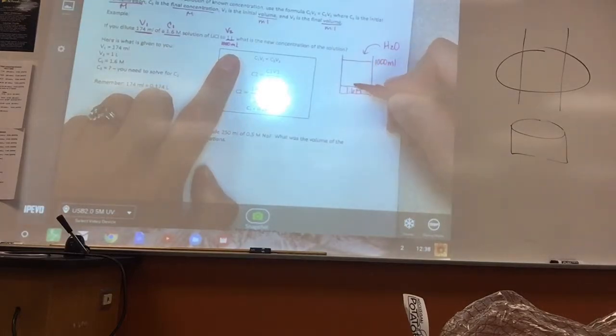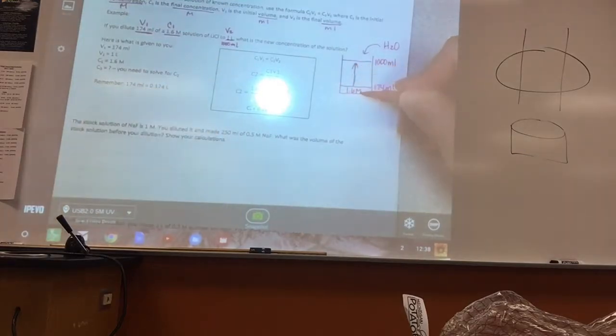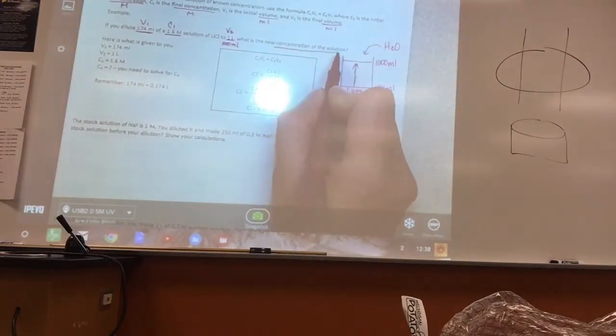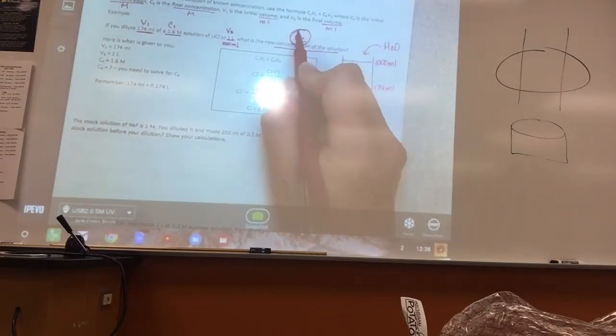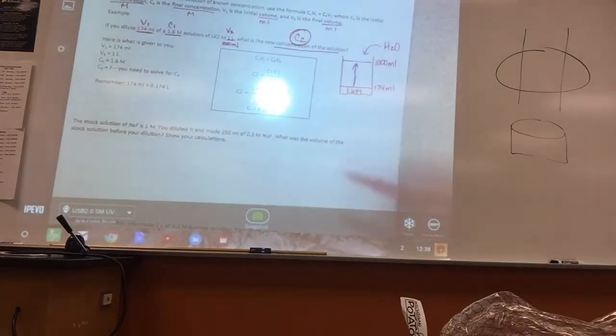So I'm adding in water, bringing that up here. Is my concentration still going to be 1.6? No, it's going to be way less than that, right? So that's what it's asking, what is the new concentration? That's my C2, and this is what I'm solving for. So what would I have in that final beaker?